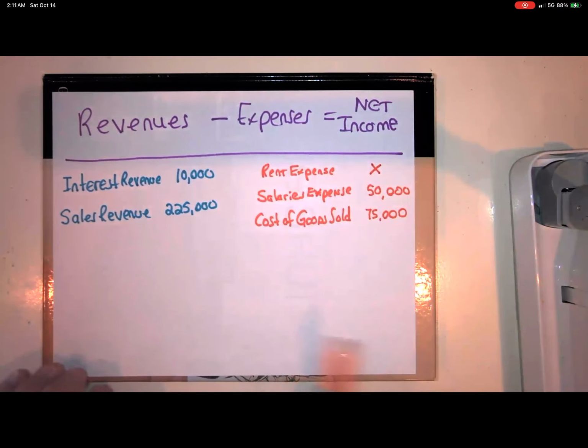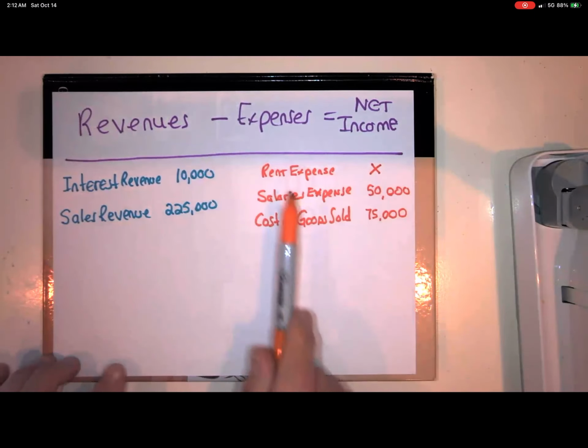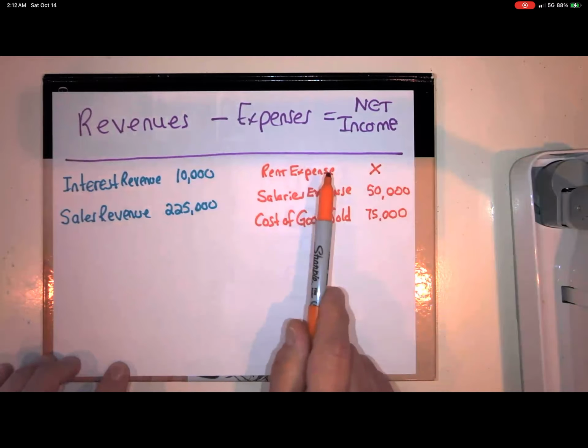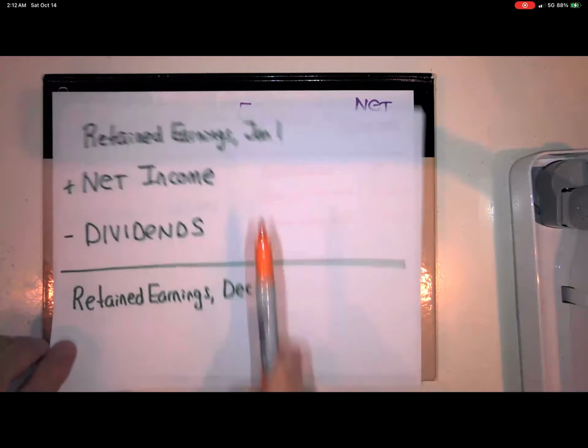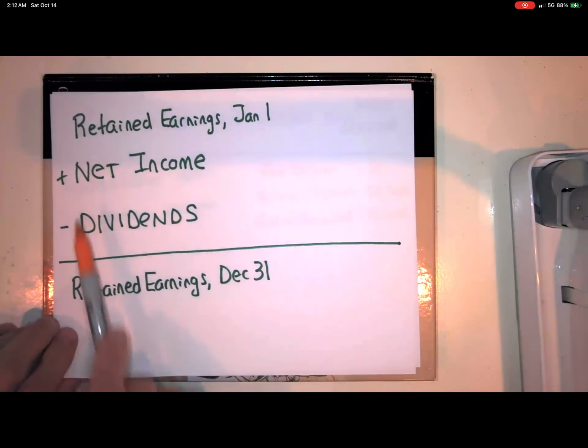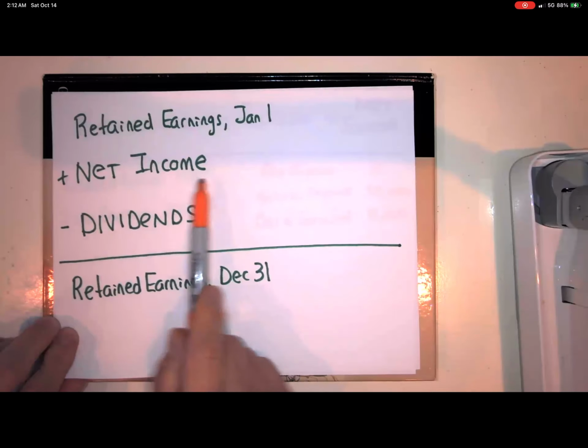Which means once again, we're kind of stuck, because we cannot figure out the net income because we don't know the rent expense. Now, her process was excellent. This is exactly the way I would want you to approach it, the way you should be thinking. To get to the beginning retained earnings, let's use the retained earnings equation. To make that work, we needed to know net income.